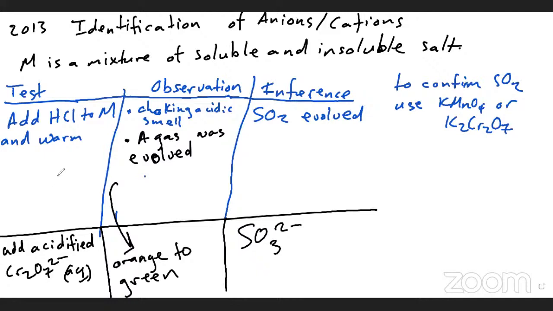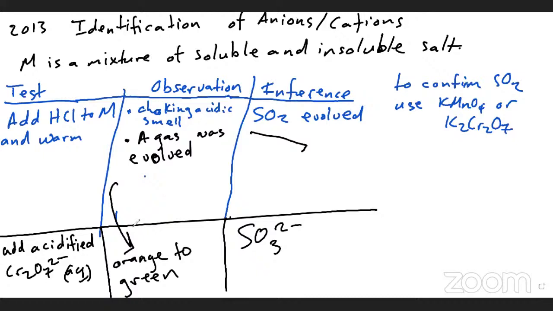Even though they split it up, let me just explain what happened. What you really want to know is if sulfite ion is in the solution. How we confirm sulfite is the presence of SO2. So if SO2 is evolved, it confirms sulfite is present. And as I was saying, you use the dichromate or the potassium permanganate to confirm it.